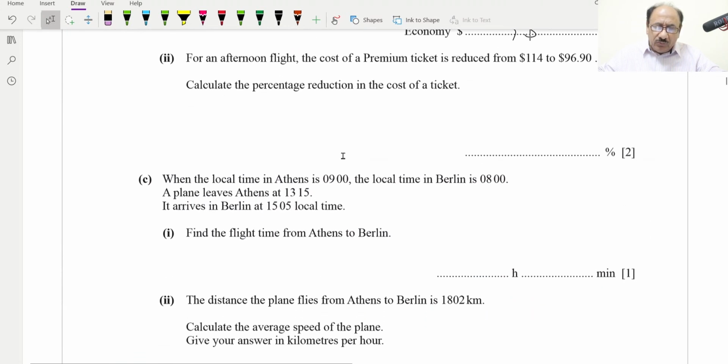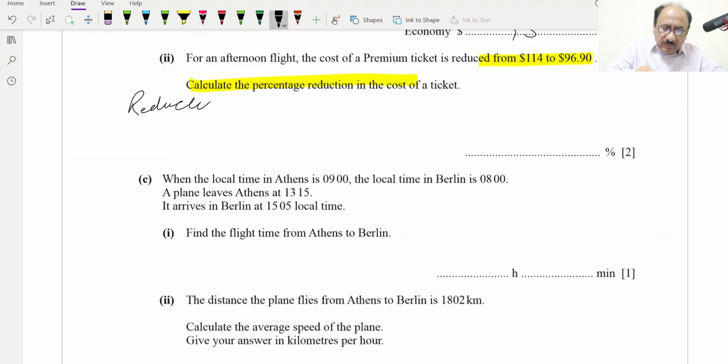For an afternoon flight, the cost of premium ticket is reduced from this one to this one. Calculate the percentage reduction in the cost of the ticket. So we will check how much is the reduction. Decrease will be the initial price minus the final price, right? So how much is the decrease? This is what we are calculating.